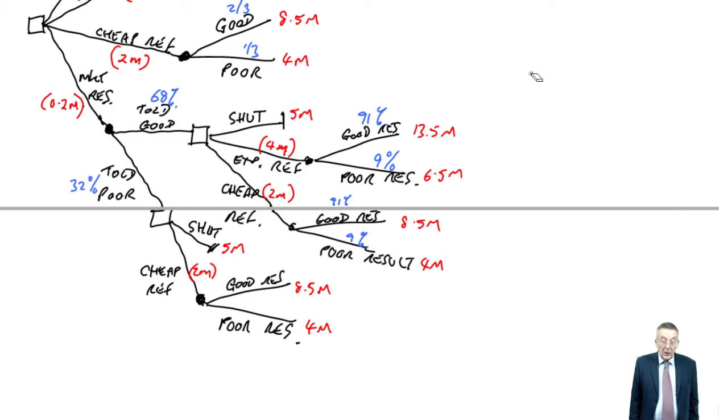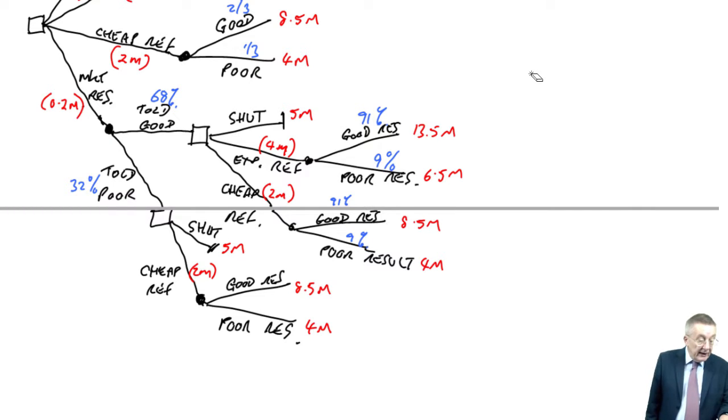And last of all for this bit, suppose the research says it's going to be a poor result. Well, again, it's not guaranteed that they're right, but it says if it indicates a poor result, the probability that it actually turns out to be good is 13%.